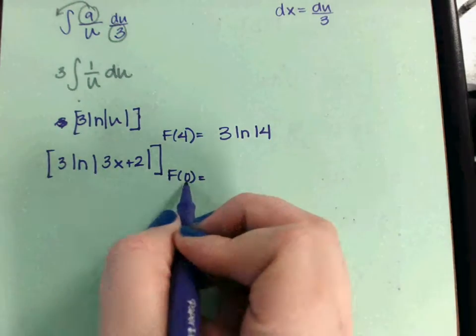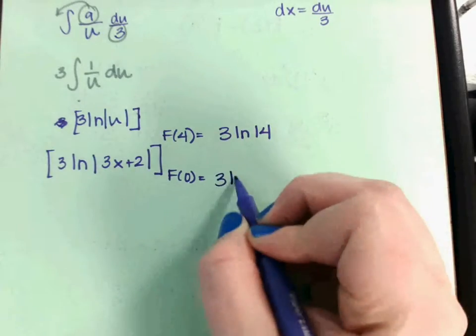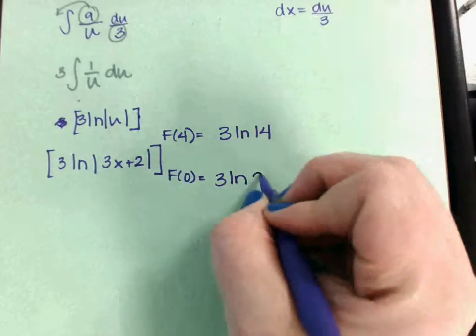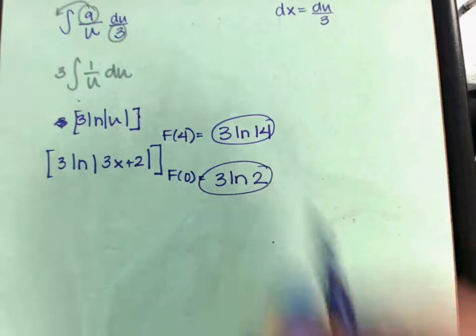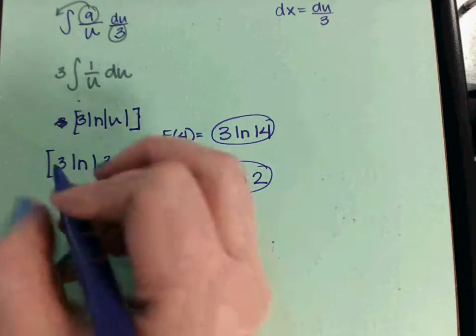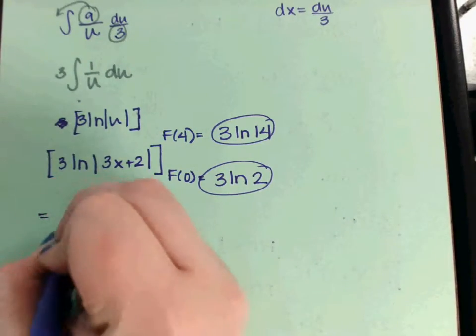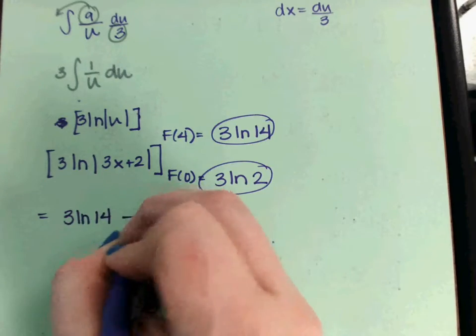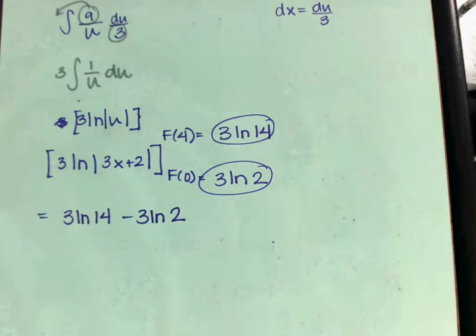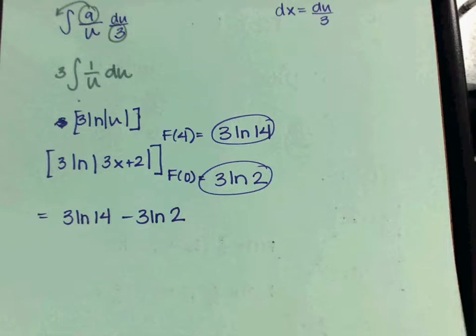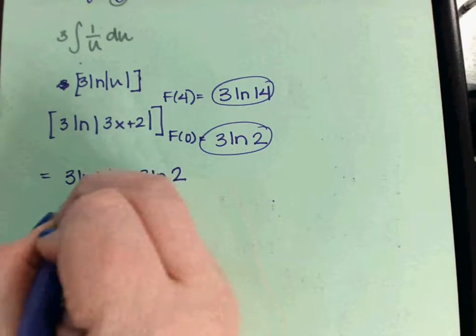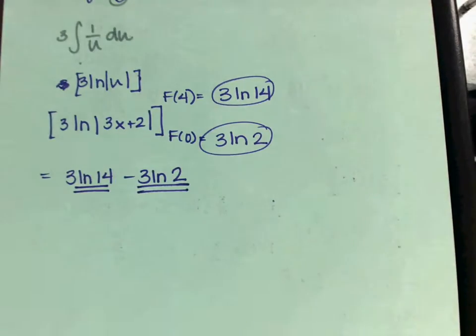Next, we're plugging in 0. That's going to be 3 ln of 0 plus 2, which is 2. Okay, then we're going to take those and subtract. So it'll be 3 ln 14 minus 3 ln 2. Then remember that there is a rule with ln's: when you're subtracting, what can you do with the numbers in the ln's?